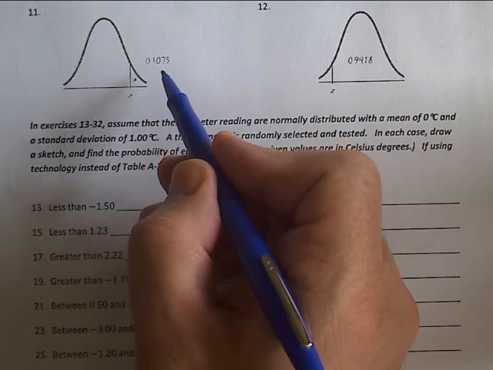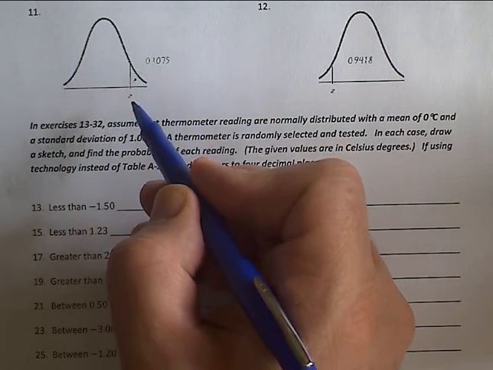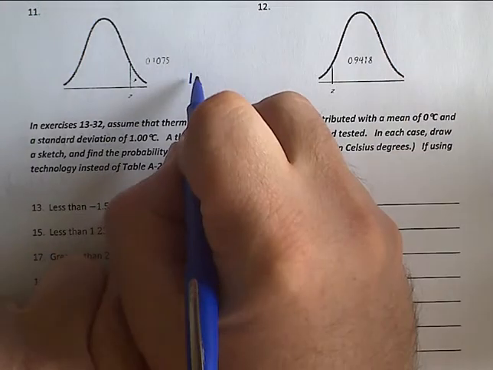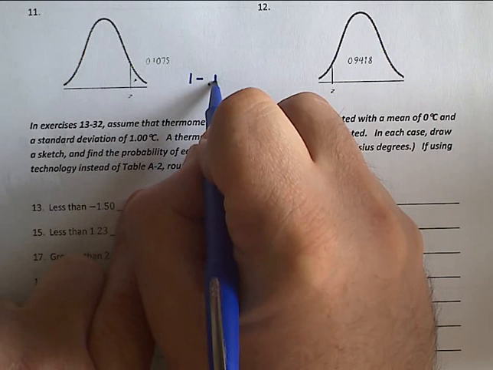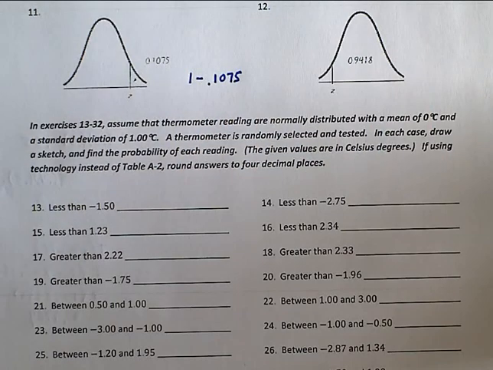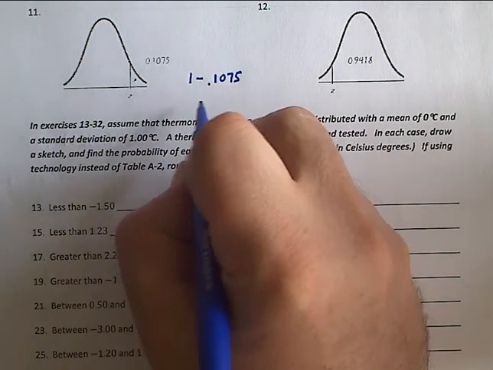What z-score? Well, the first thing I'm going to do is take 1 minus 0.1075. When I subtract from 1, I get 0.8925.